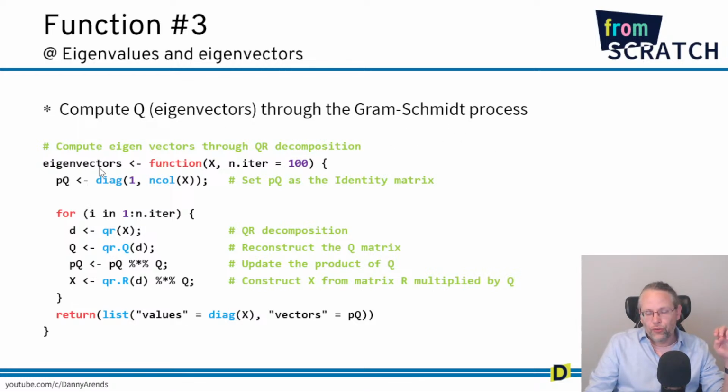So we take a function called eigenvectors, and we define it as a function which takes as input a matrix X. In this case, X is not our data matrix, it is our covariance matrix. So it takes the 4x4 covariance matrix, and then we set a number of iterations, right? The more iterations we do, the better our estimation of the proper eigenvector matrix.